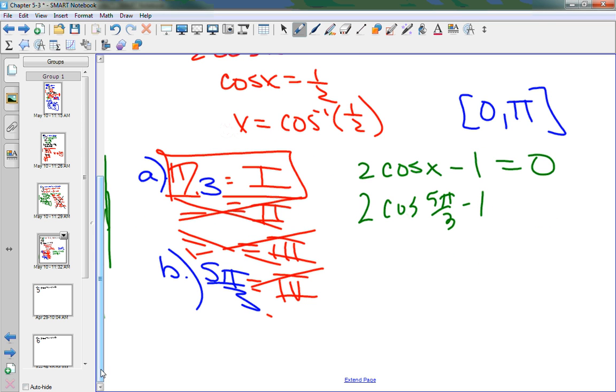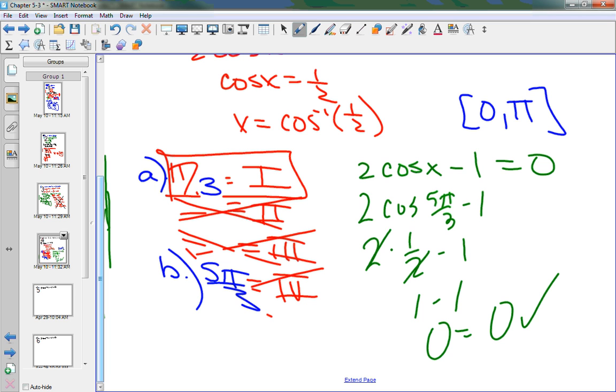Well, that's in quadrant 4, and the cosine in quadrant 4 is positive or negative? Positive. So this would be 2 times the cosine of what? 1/2. So that's 1 minus 1. That gives you 0. 0 equals 0. Is it a true or false statement? It is still a true statement because the cosine at 5 pi over 3 is positive. So this could still work.